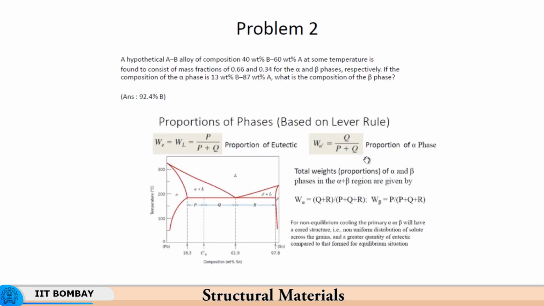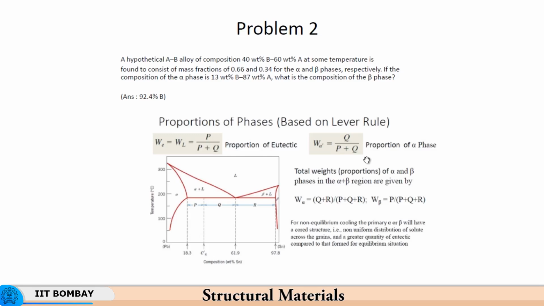We come to another problem again on the lever rule. A hypothetical AB alloy of composition 40% of B and 60% of A at some temperature is found to consist of a mass fraction of 66% alpha and 34% beta.